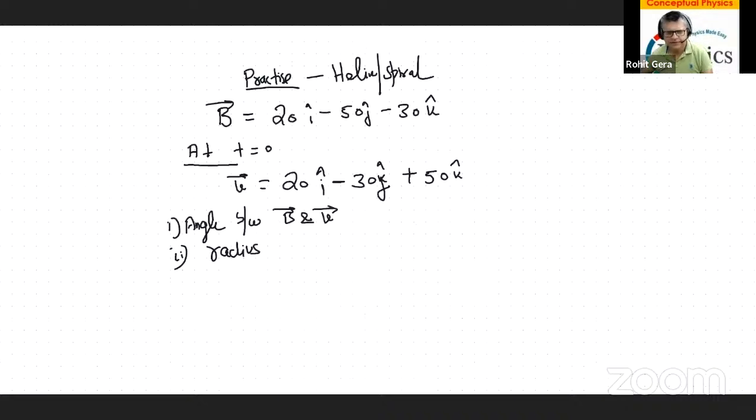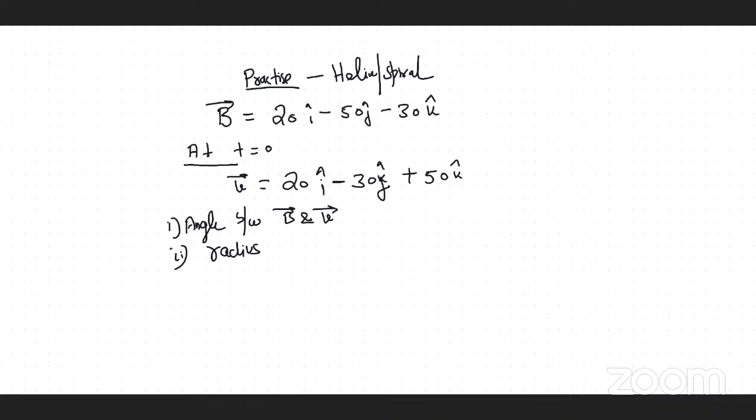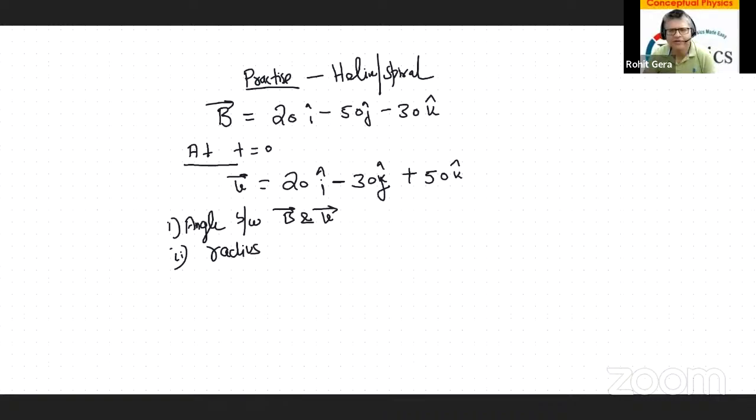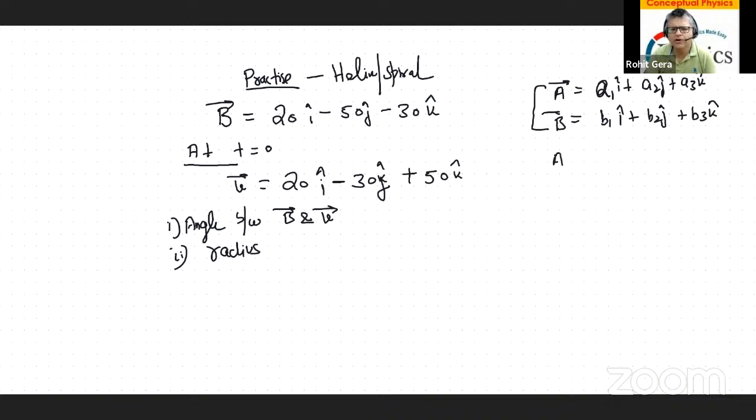Any guesses? How do you find the angle between two vectors A and B? If A is given to be A1 i plus A2 j plus A3 k, and B is given to be similar, you have to find the angle between the two vectors. So the trick is A dot B is given by magnitude of A into magnitude of B into cos theta.